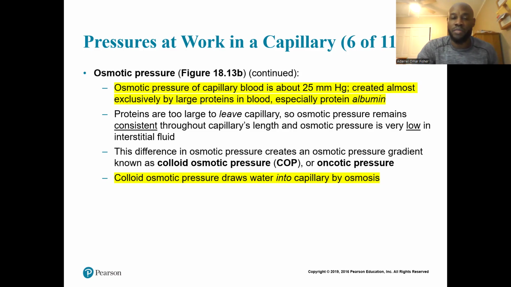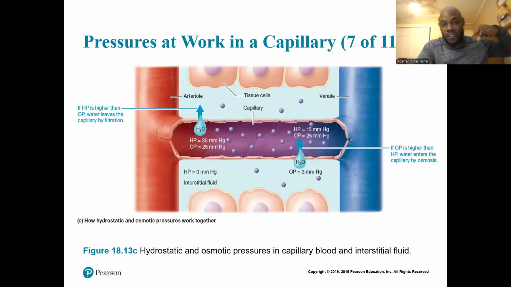Right? So this pressure is caused by proteins that are too large to leave the capillaries. So osmotic pressure remains consistent throughout the capillary's length. This is known as colloid osmotic pressure. Osmotic pressure is going to draw water into the capillaries.